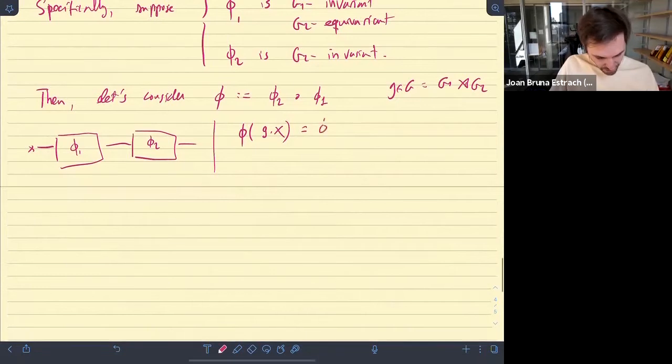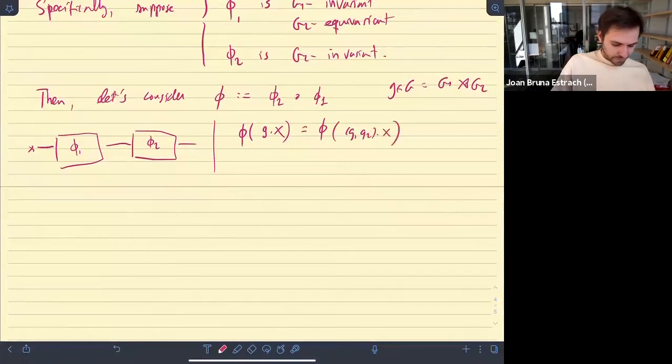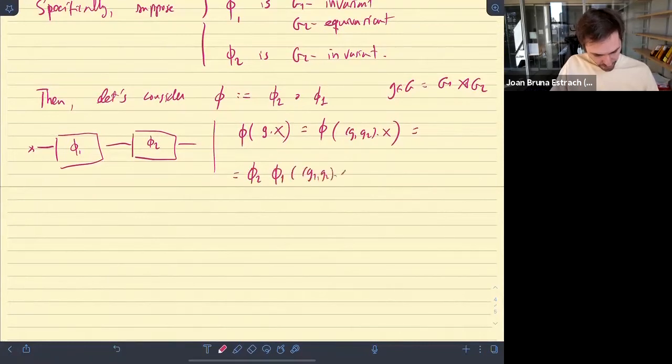By definition, we can write it as (g1, g2) acting on x, and this is phi2 of phi1 of (g1, g2) acting on x.